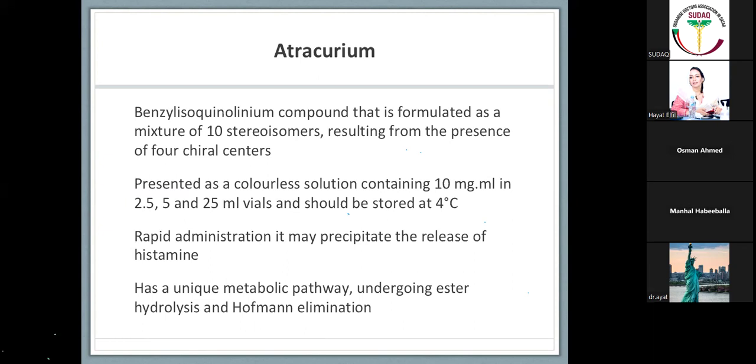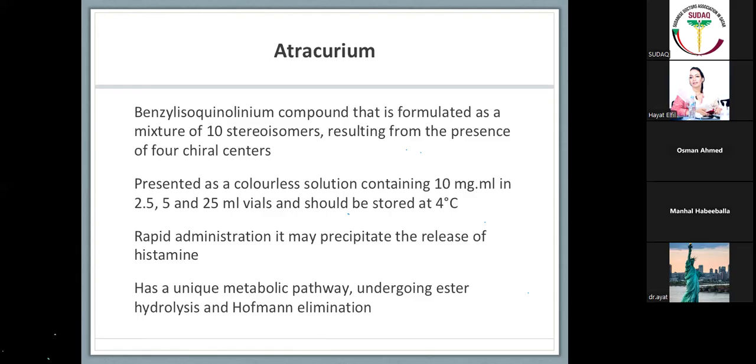The other thing about all benzylisoquinolinium compounds is that they release histamine, which might be localized to the site of injection, but could also be generalized, resulting in bronchospasm and hypotension. So you have to appreciate the fact that benzylisoquinolinium compounds lead to histamine release compared to amino steroids.